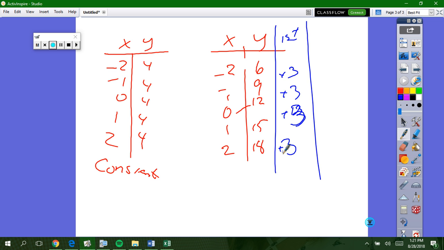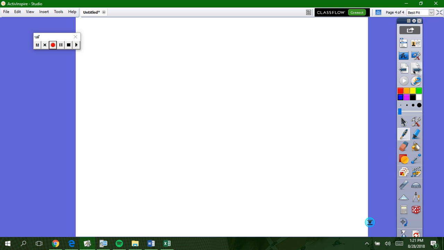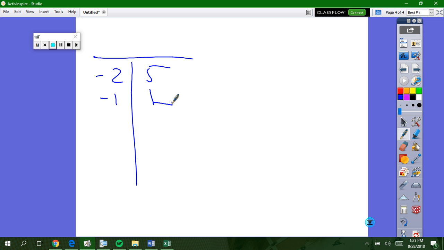If I see a constant on my second difference, what's that going to be? Say quadratic. If it's on my third difference, what is it going to be? Cubic, and so on. Right? Let's just show you the quadratic one more time.